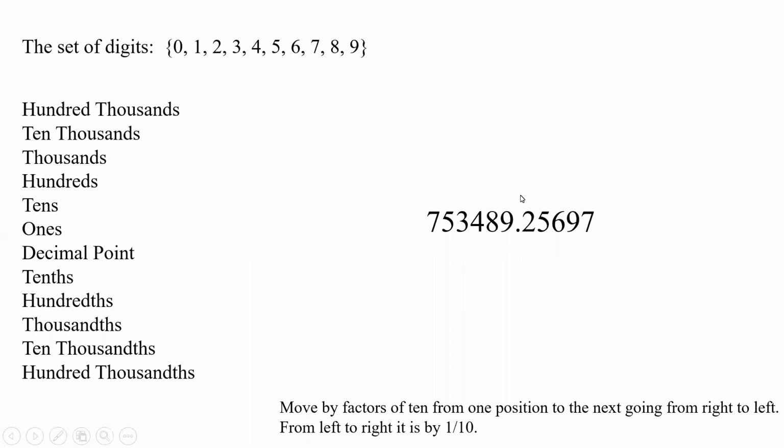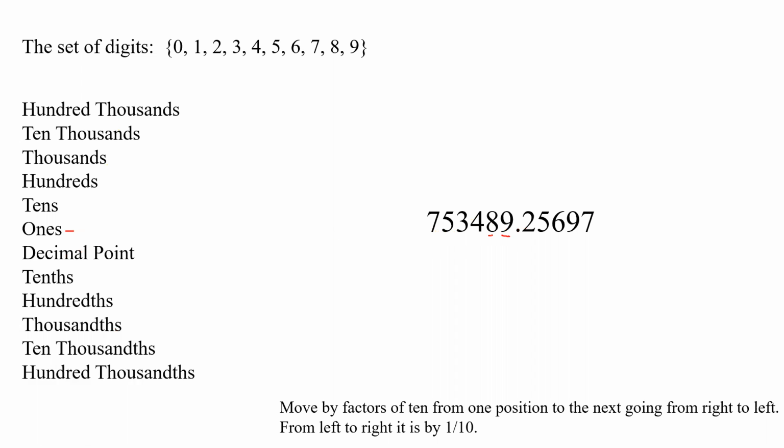And so what we're going to have is basically a whole number part and then a decimal part. And so we have the decimal point, and that's at this point right here. From each direction we can go, to the left we're going to go up and to the right we're going to go down. So here we have the 9, which is in the ones position.